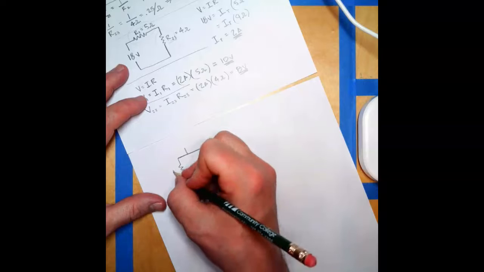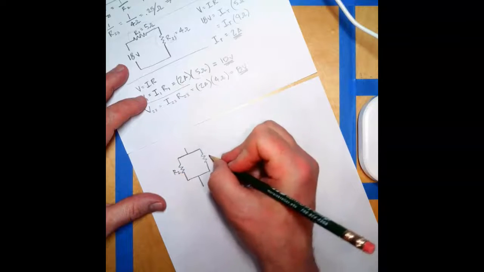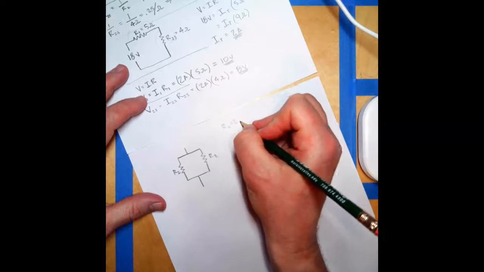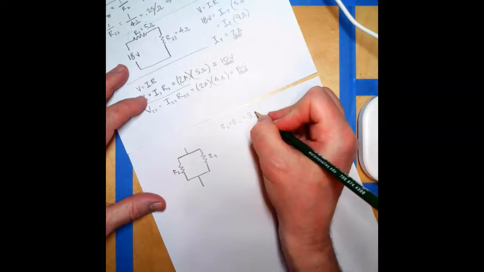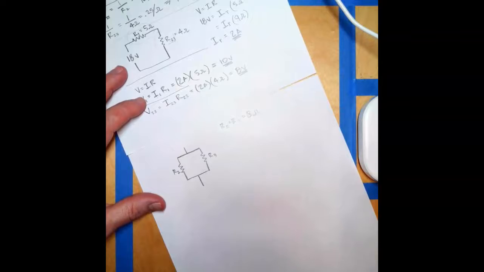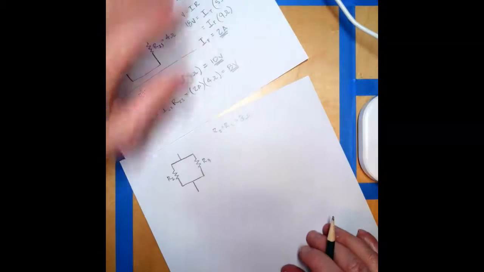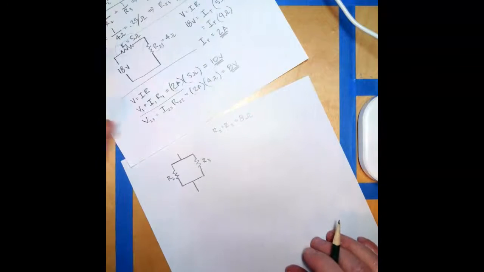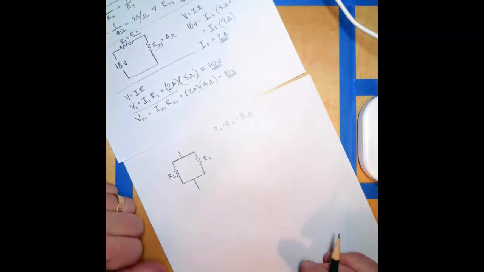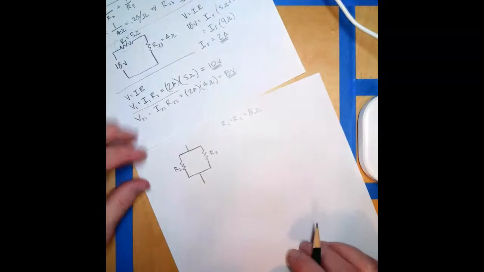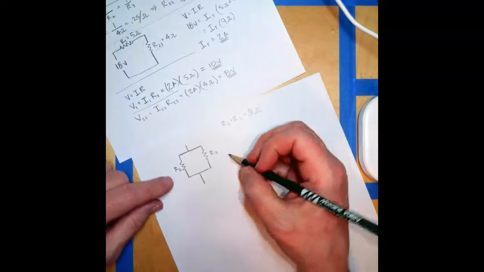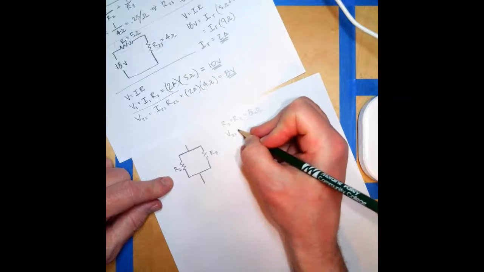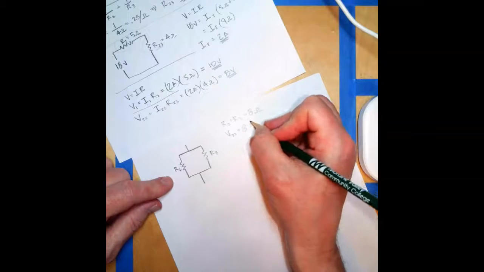We know that R2 is here and R3 is here, and R2 equals R3 equals 8 ohms. Let me dim the lights a little bit here. That's what we had for the circuit. Now we know that the voltage drop across 2,3 is equal to 8 volts.